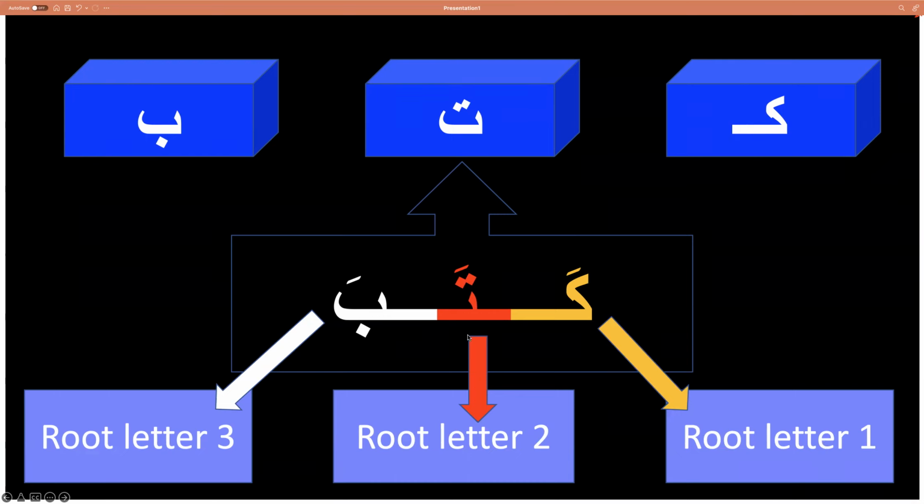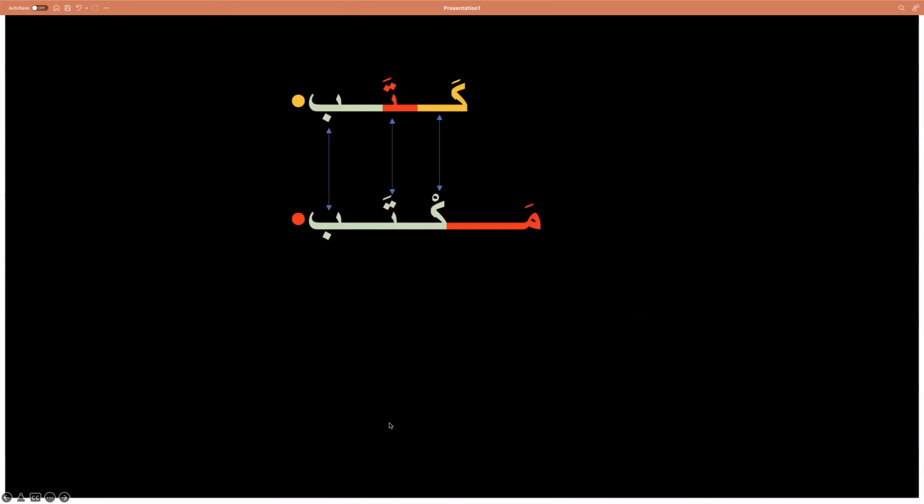And ta, the second letter or the second consonant, is considered as root letter 2, and ba is considered as root letter 3. The word maktab, so notice that ka corresponds to the same letter ka, and ta corresponds to the same letter ta, and ba corresponds to ba.